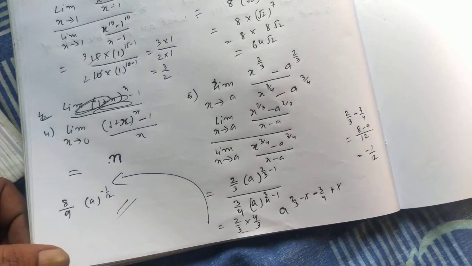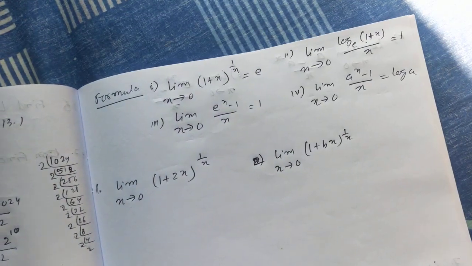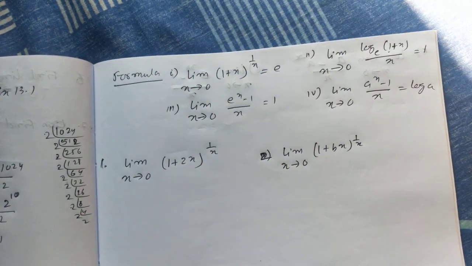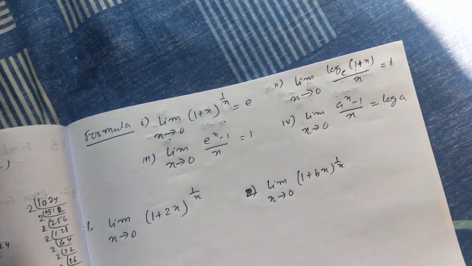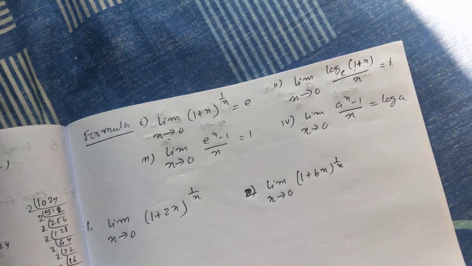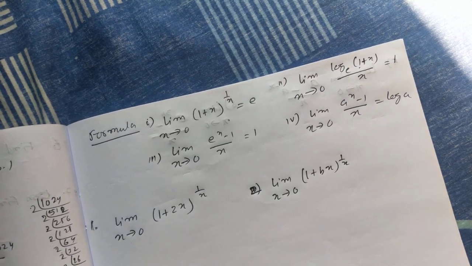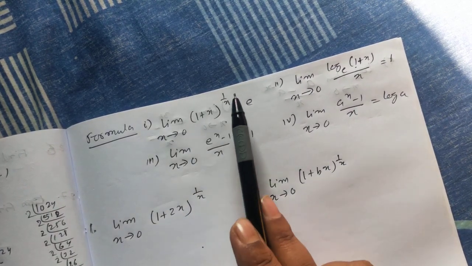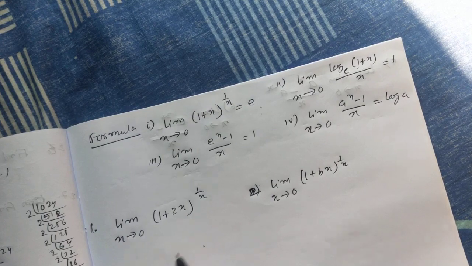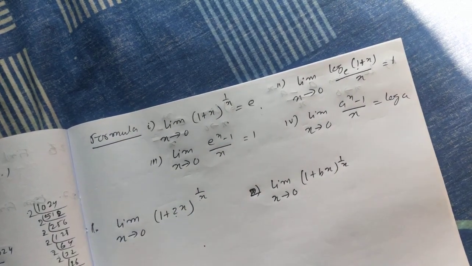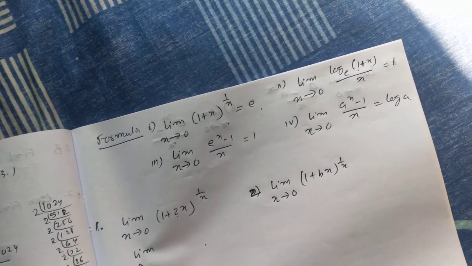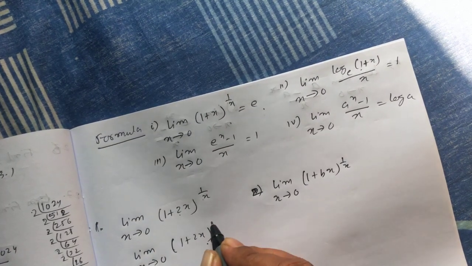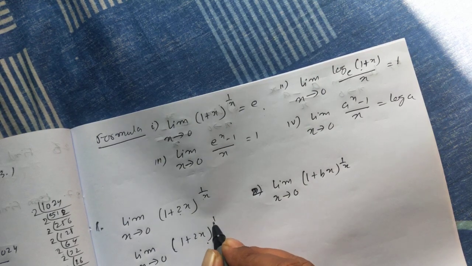Okay, let us solve the limits based on this formula. See, the formula is limit of 1 plus x power 1 by x is e. So I have to make sure that this and this are matching. So limit x tends to 0, 1 plus 2x. So I can put 1 by 2x.